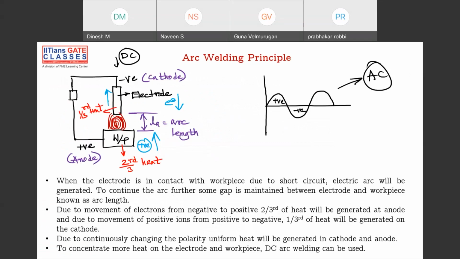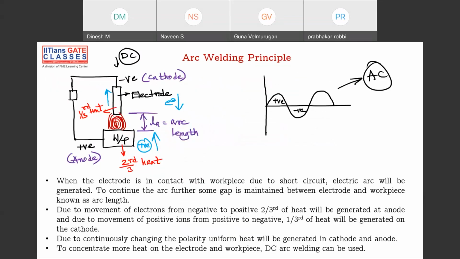Before that, we'll discuss how this heat is generated, how the electrode is deposited, where more heat is generated, and what the arc length is. All the things we have to discuss.